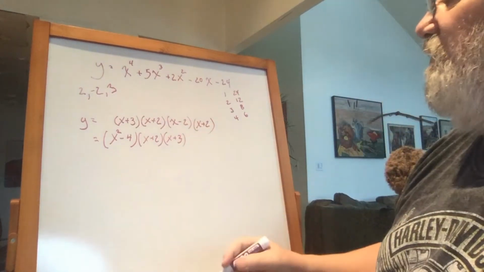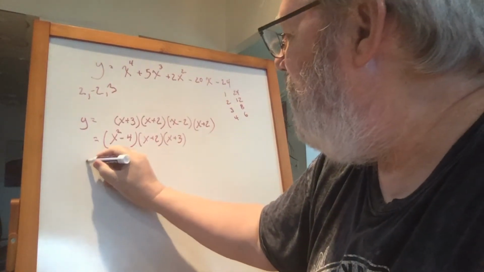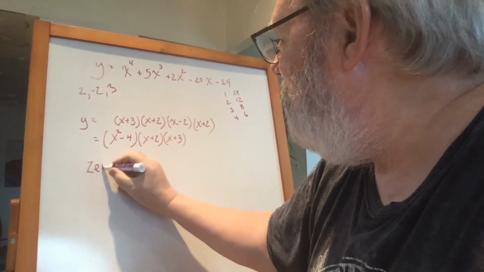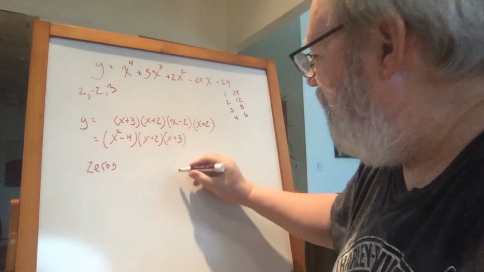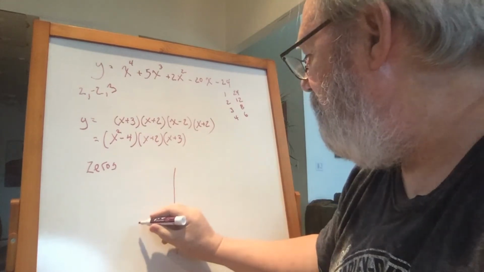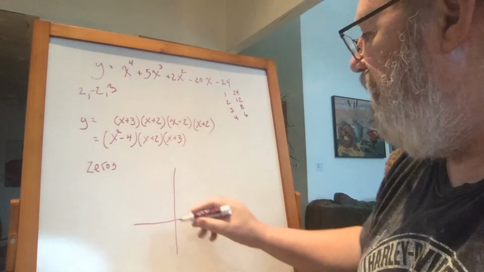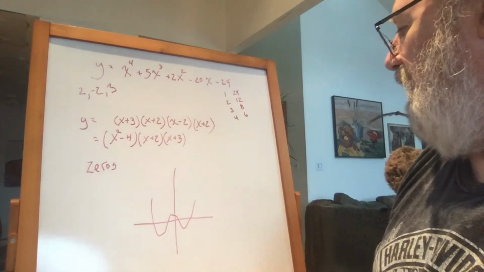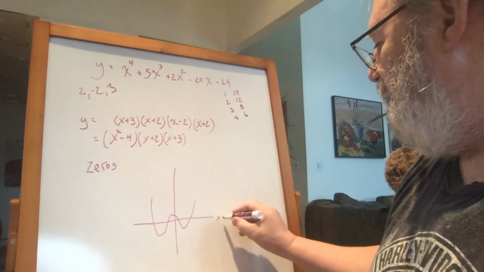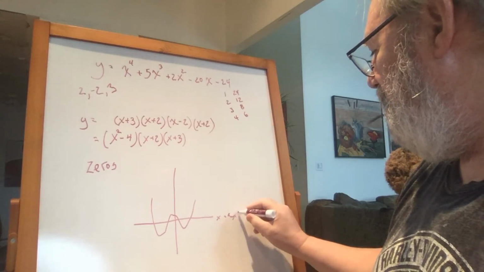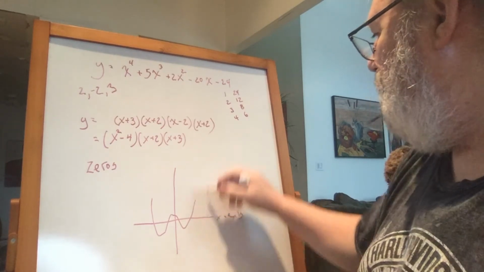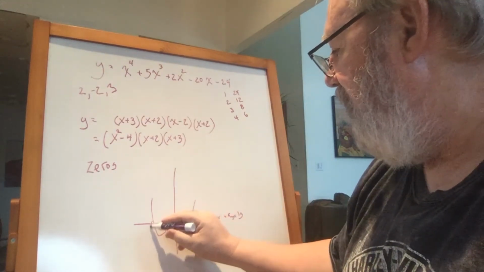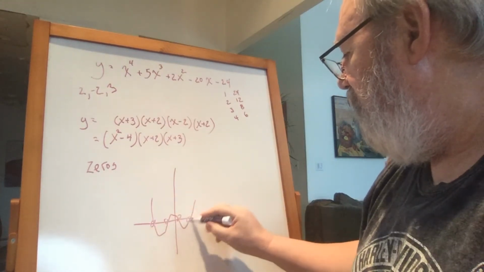So the zeros of y, and when I say the zeros of y, that's how many times the function crosses the x-axis. Not all functions do cross the x-axis. Be mindful of that. So here we got 1, 2, 4.